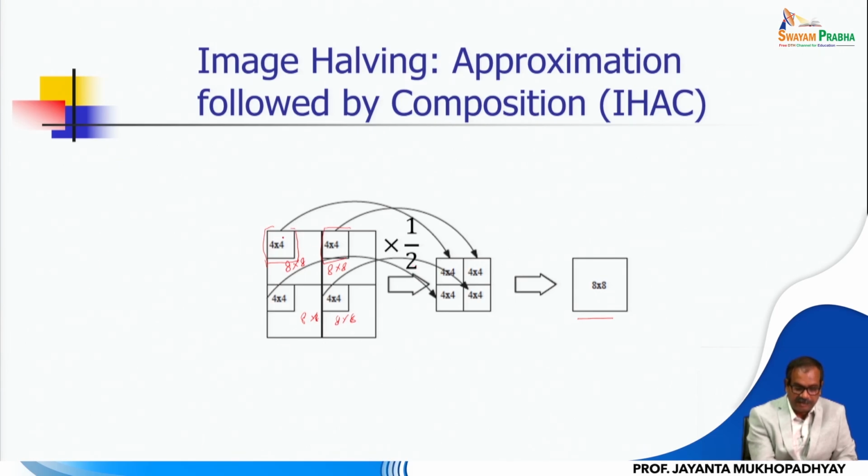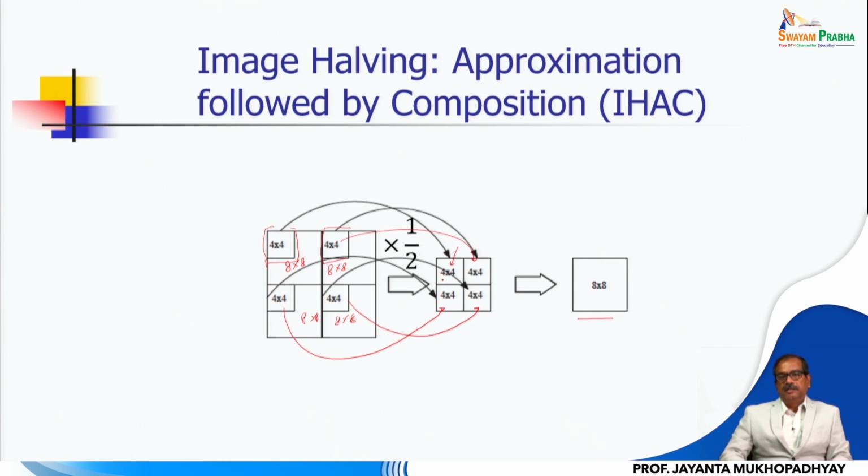So, if I multiply these coefficients by half and place it like this with this spatial arrangement, similarly this one here, this one here, and this one here, this is my resulting operation. This image is a 4-point density of the image, which is half of the resolution of the original image.